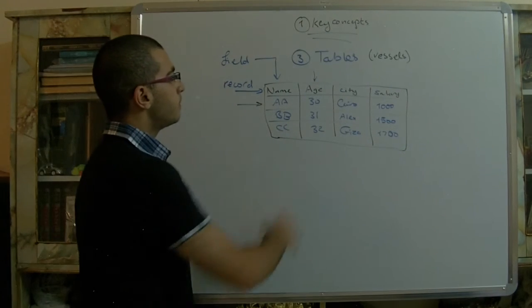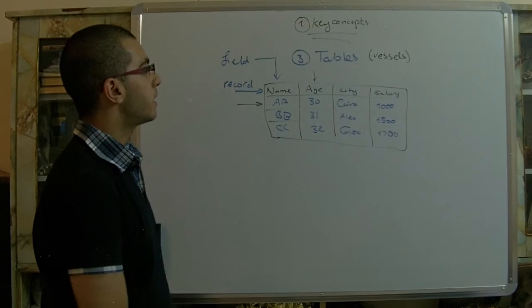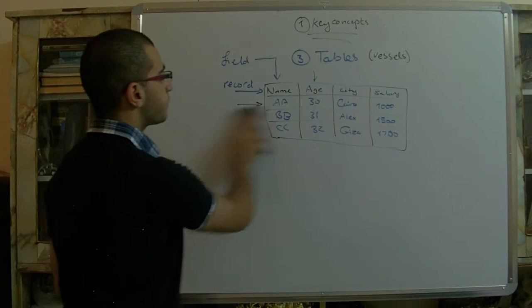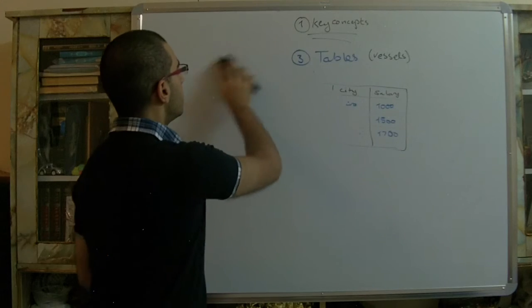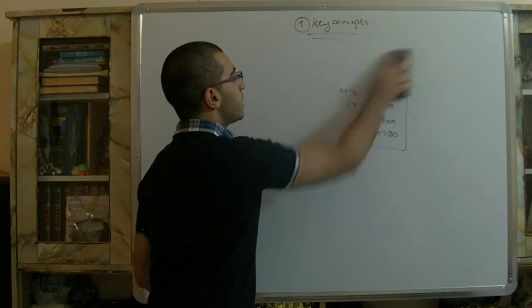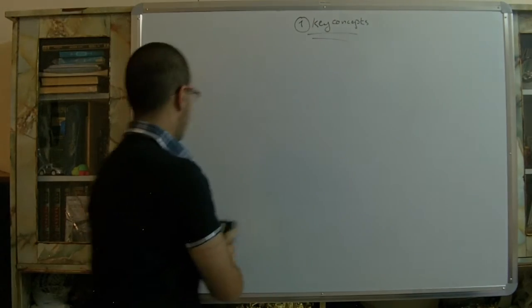Now we know how tables look in the databases. Then we will talk about the databases themselves.